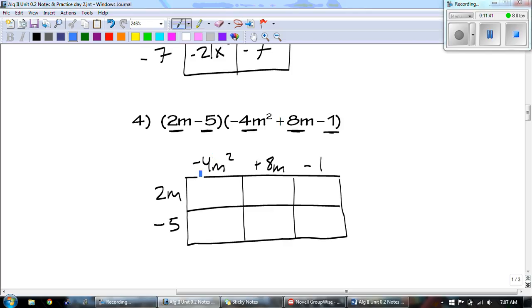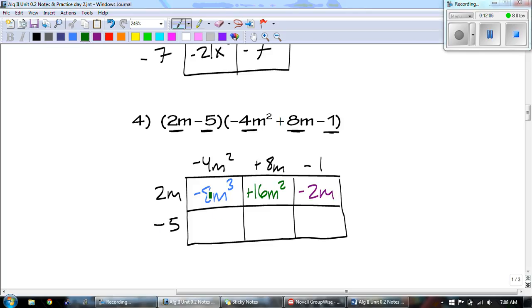I have 2 times negative 4, which would be negative 8, and m times m squared would be m cubed. Okay, the next box, 2m times 8m, 2 times 8 would be a positive 16 m squared. 2m times negative 1 would be negative 2m.